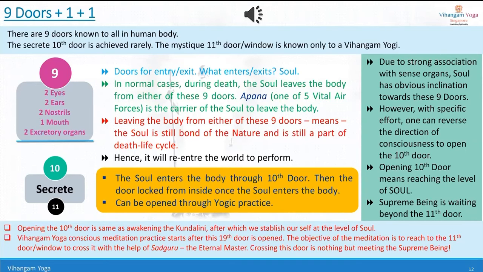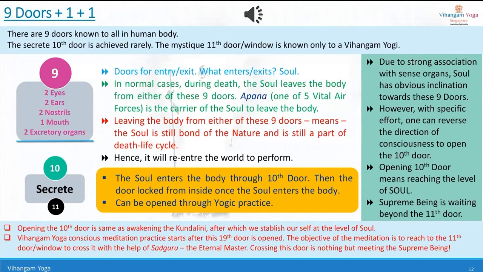In a normal situation, if the soul doesn't exit from the 10th door itself, then it must have exited from either of these 9 doors. When the soul exits from either of these 9 doors, it signifies that that soul, that life, has not yet got the salvation. It is still bound to come back to a life. That means the death and life cycle has not yet broken.